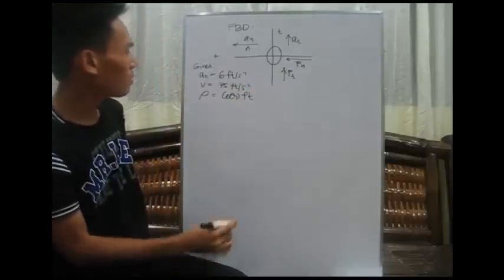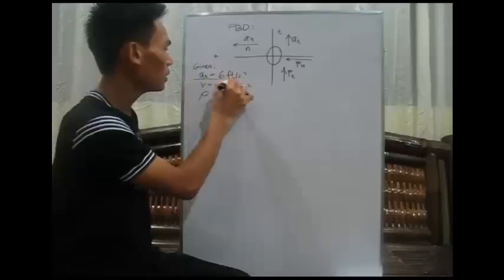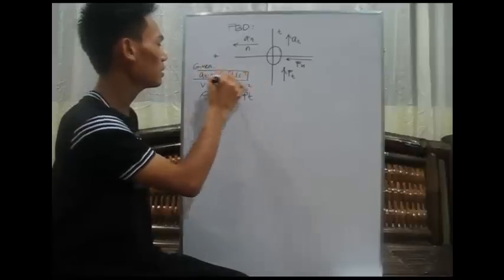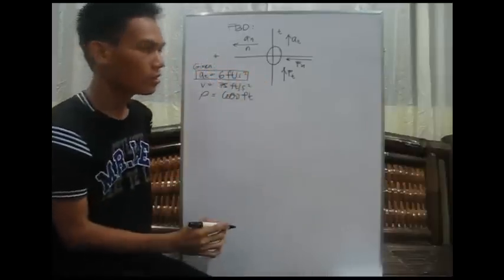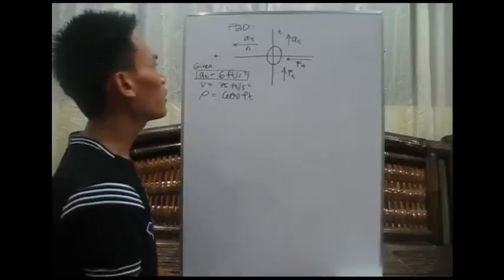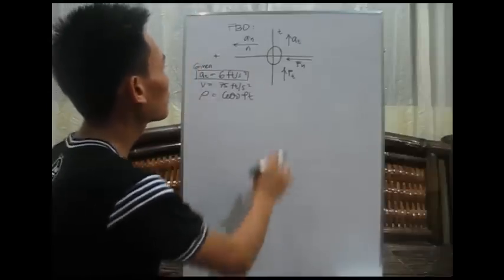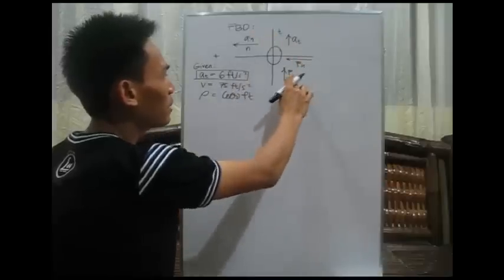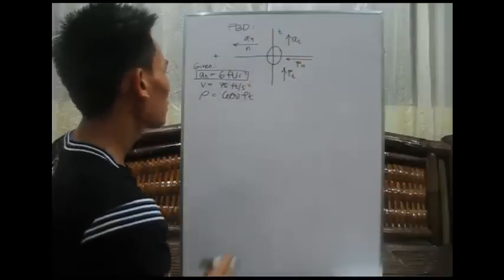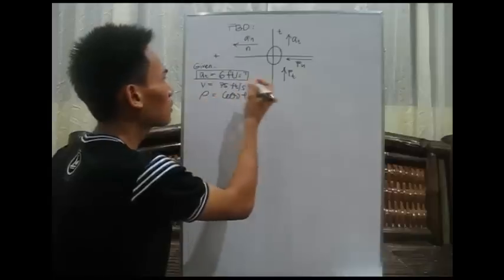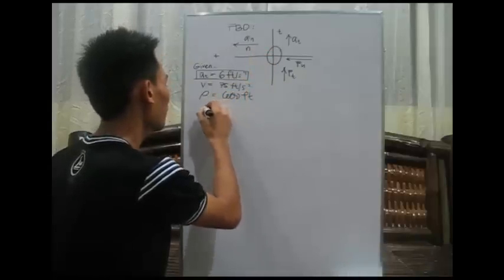Since we already have the value of at, we do not need to solve for it. What we are going to do is find the unknown values: the an, the Fn, the Ft. So we'll first solve the value of an.